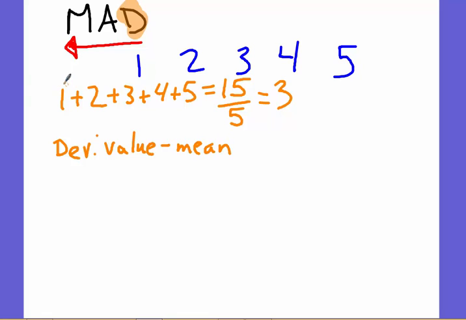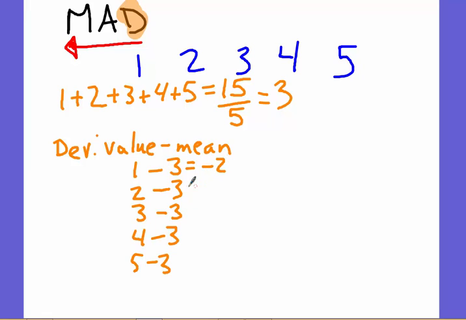My value is 1 minus 3, which is my mean. 2 is my value minus 3, my mean. 3, my value minus 3. 4 is a value minus 3. 5 is a value minus 3. So now I solve all these. This is a negative 2, negative 1, 0, 1, 2.